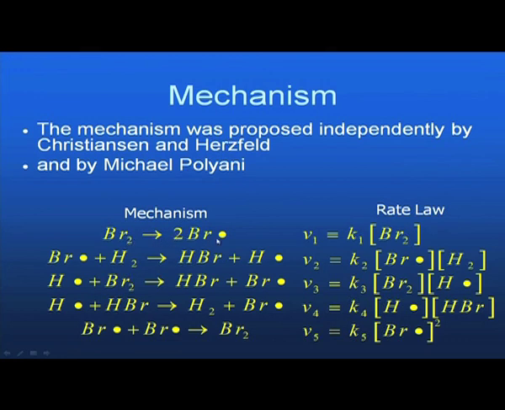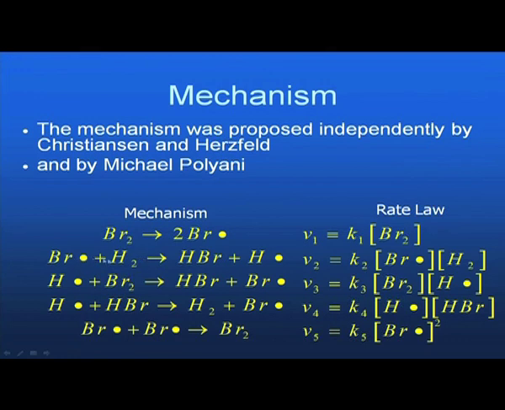So, it is the initiation step. Okay. So, if the rate constant is K1 for this process, then for the first one rate of production of this 2 Br dot is K1 times concentration of Br2.